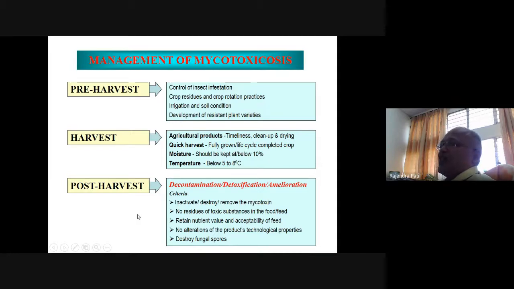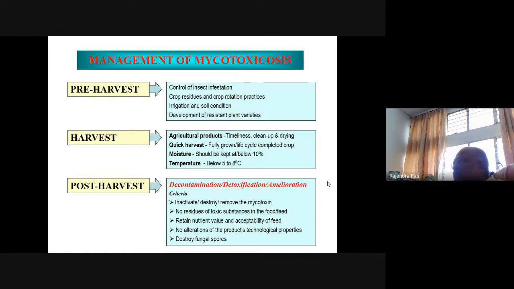Then the post-harvest technologies include decontamination strategy, detoxification, or amelioration, because the mycotoxin contamination is there in the feed or food, and we have to destroy those mycotoxins. The criteria are: inactivate, destroy, or remove the mycotoxins, with no residues of toxic substances in the feed or food, and it should retain nutrient value.